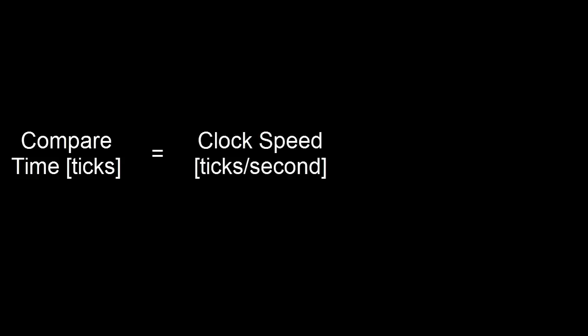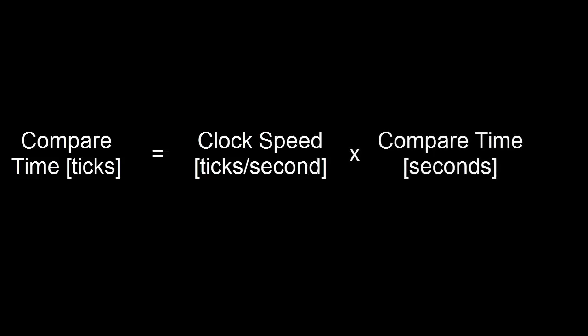On the left, I'm going to write what I'm looking for, the compare time, in units of number of ticks. That will be equal to the clock speed, which is in units of number of ticks per second, times the compare time in units of seconds.